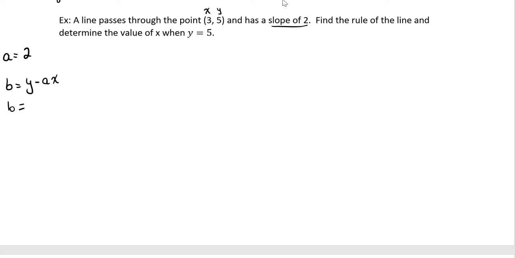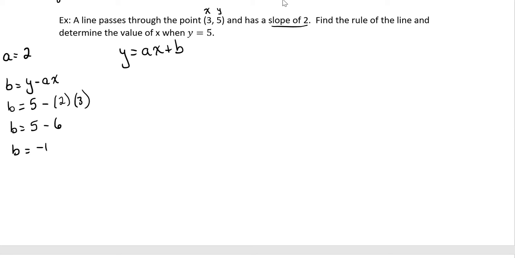Here's x and here's y. So b is y, 5, minus a, which is 2, times x, which is 3. So b is, you can put this in your calculator or you can do it in steps. 2 times 3 is 6. 5 minus 6 is negative 1. So remember, we always write our rule, y equals ax plus b.